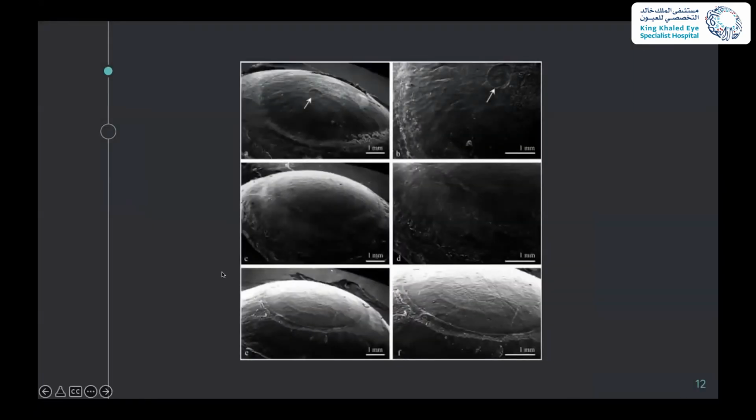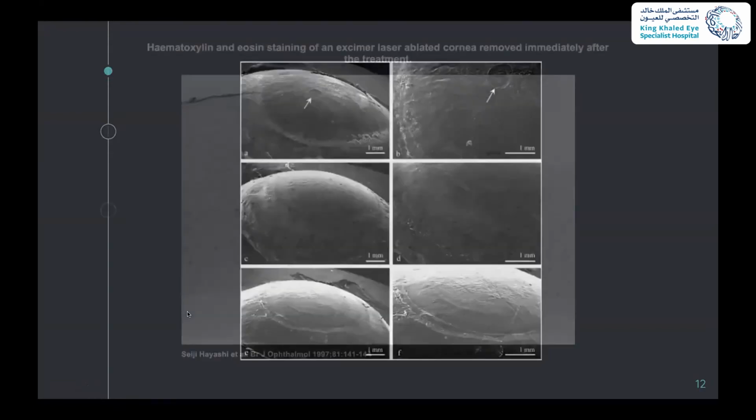This is an electron microscopy picture of a patient who underwent around -4 of myopic ablation, and this is the margin of the central ablation. At this level, this is a -6 myopic ablation. And you can see the difference between the area being ablated and the area that is not ablated.